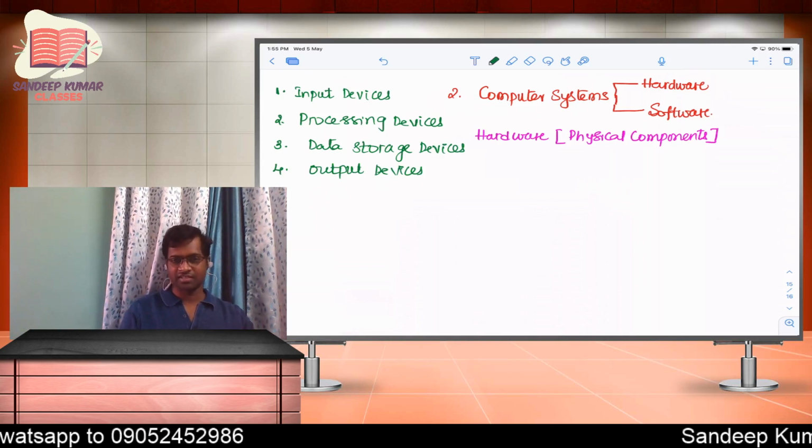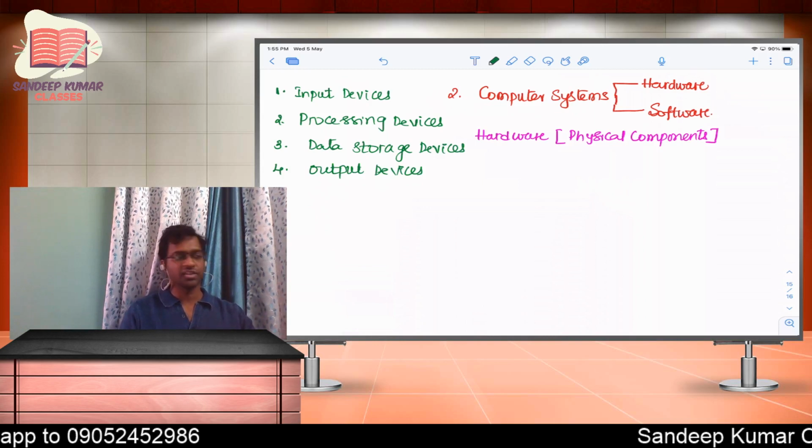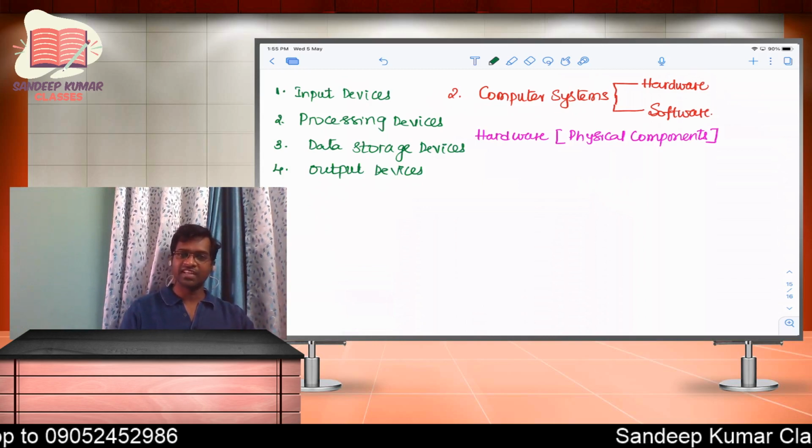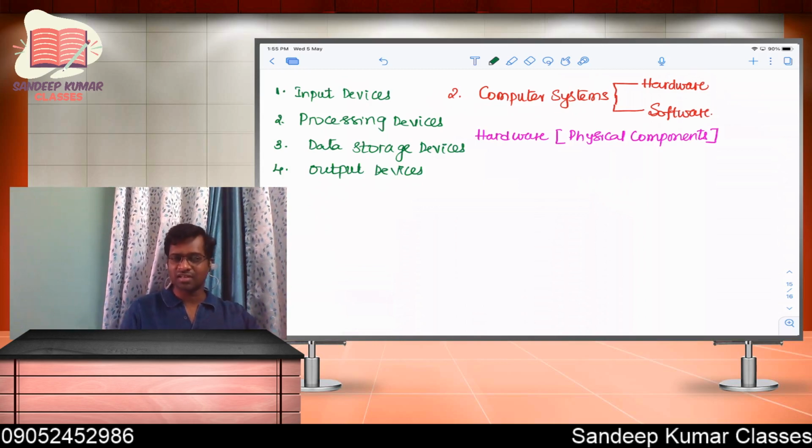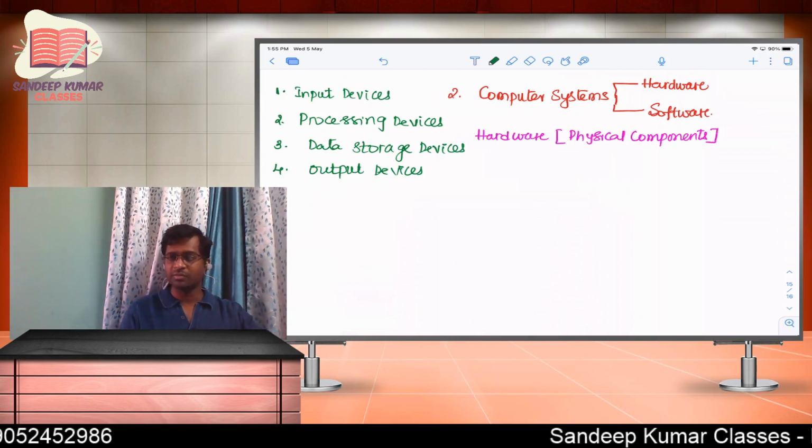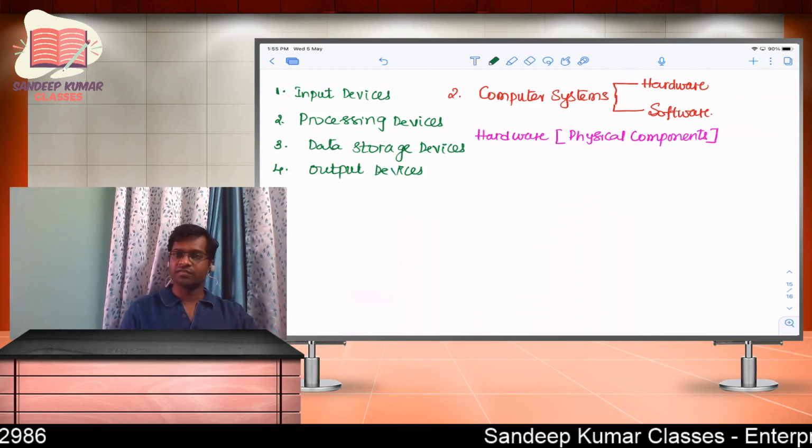For example, this particular computer system. Let us assume that in the exam they gave a question: what do you mean by computer system? You can easily write it. First point, computer system is a combination of hardware and software. Second point, hardware is nothing but physical components of the computer.